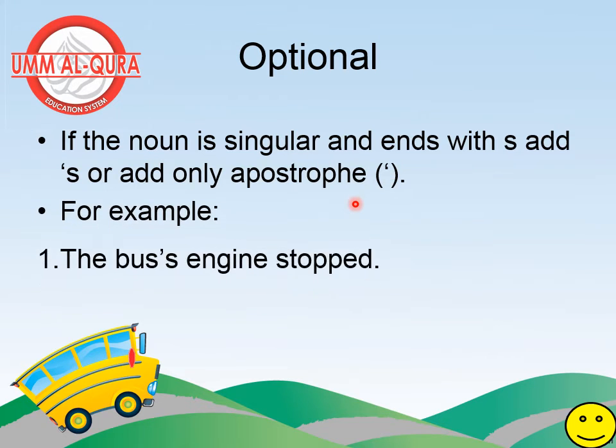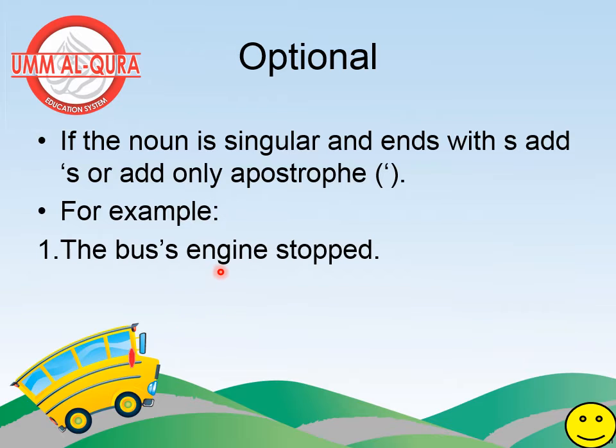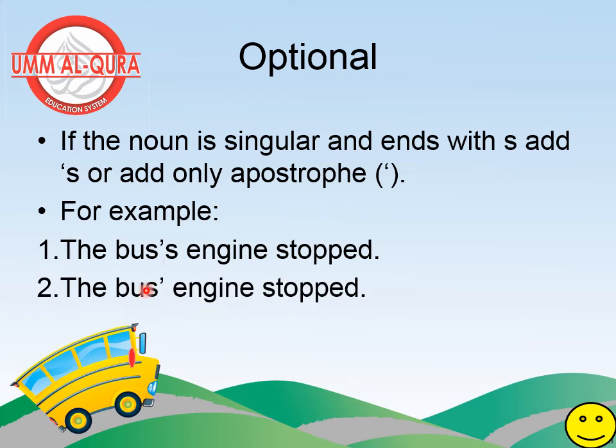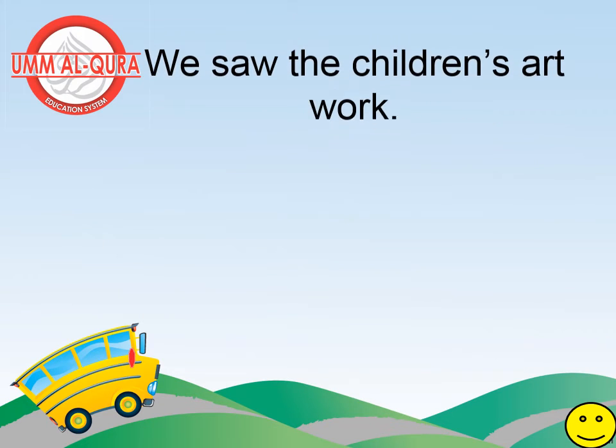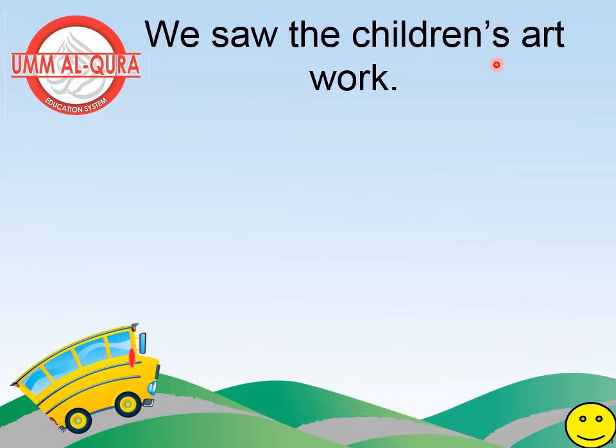For example, we have the bus's engine stopped. It's correct, but you can see over here bus is a word which ends with s, so we have added apostrophe s. But if we write it like this, the bus' engine stopped, it's also correct. Okay, do you understand?